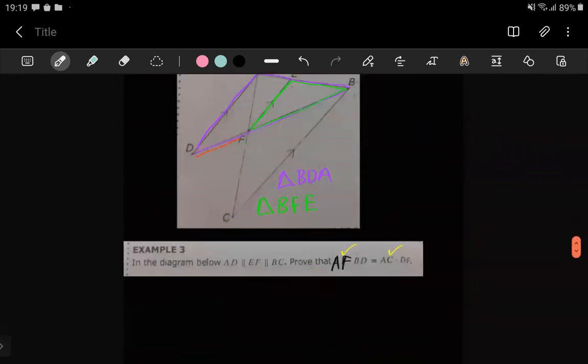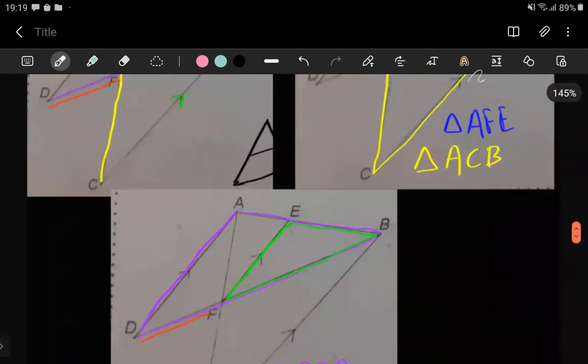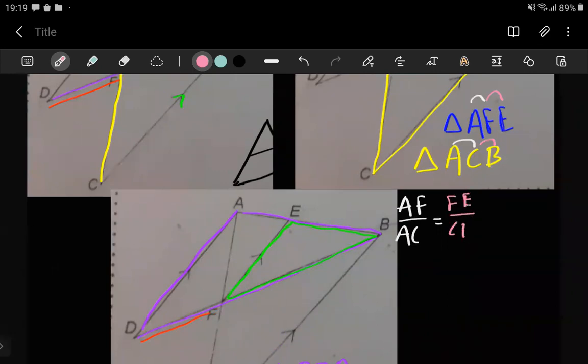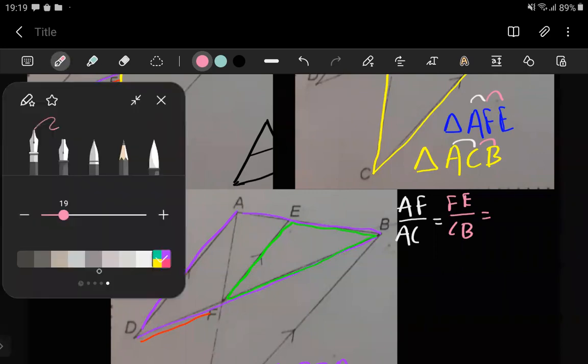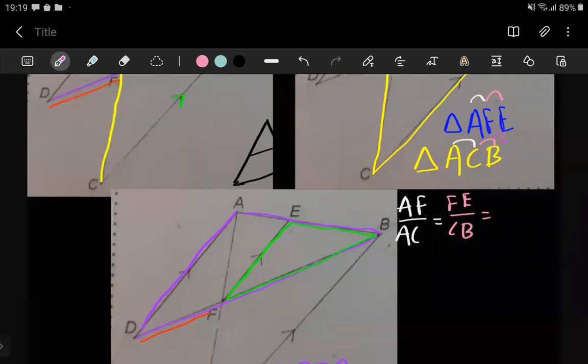So looking at what we have up here, we can write AF over AC is equal to FE over CB, which is also equal to AE over AB. And this is all written out because of the proportionality theorem.